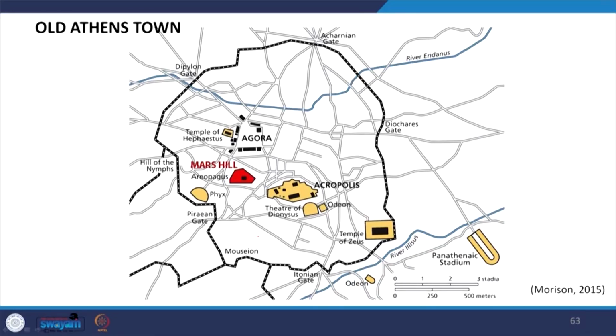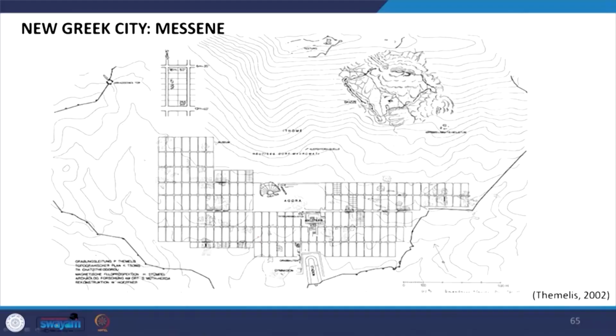As you can see in the map, old cities such as Athens had irregular street plans reflecting gradual organic development. Whereas the new cities such as Mycenae, as you can see in the map, these colonial cities established during the end of the Greek period had a gridiron street plan.